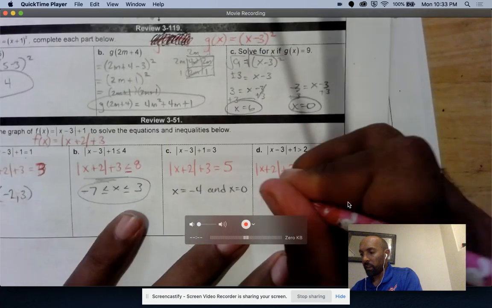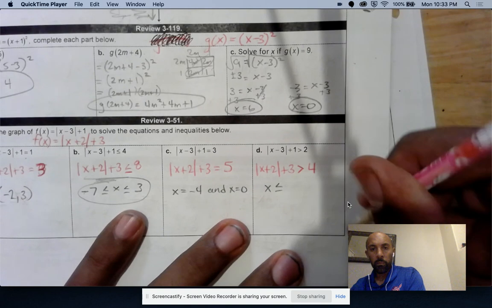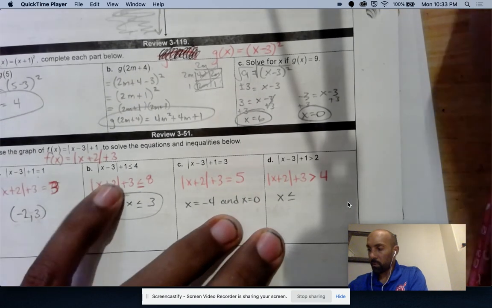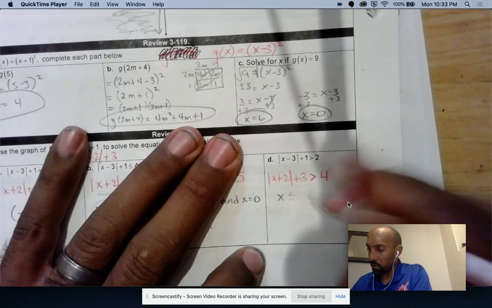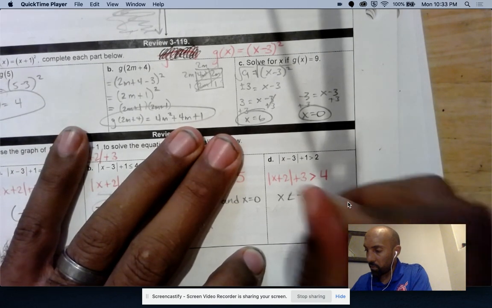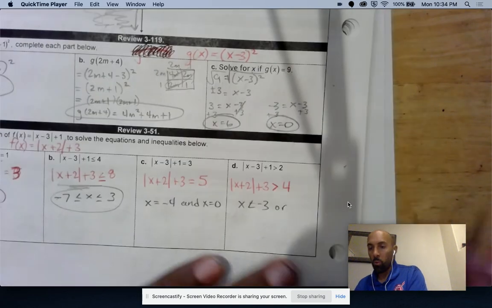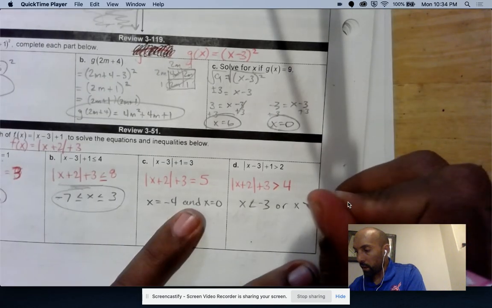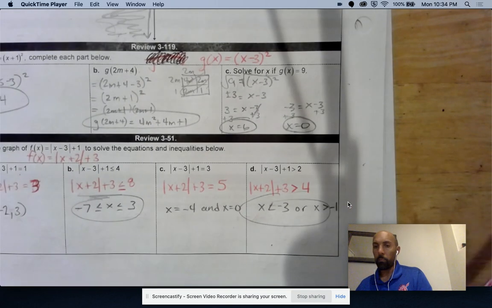I said x has to be less than or equal to, actually it can't be equal to, because you notice there's a dash line there. So it just has to be less than -3, or instead of writing it together like this, we write or greater than -1. Okay, and that's it.